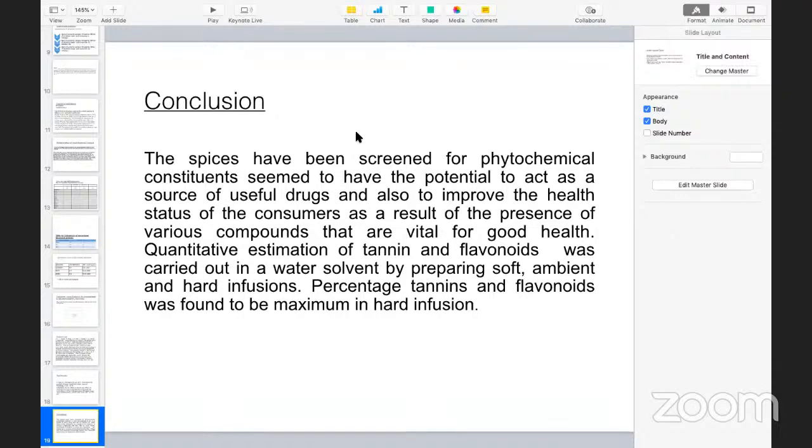Hello, everyone. I'm a postgraduate student of Vivekananda Education Society's College of Science and Commerce. In my dissertation work, we worked on quality analysis of phytochemicals. We selected some turmeric samples and analyzed phytochemicals, and we did some quantitative studies for flavonoids. Due to the pandemic, we were not able to study more flavonoids.